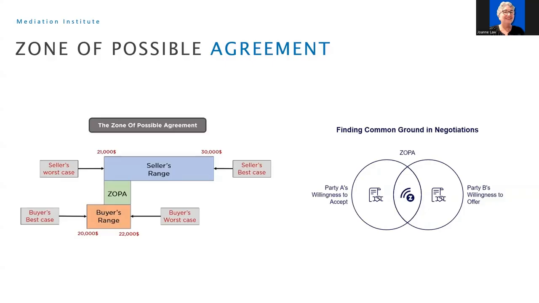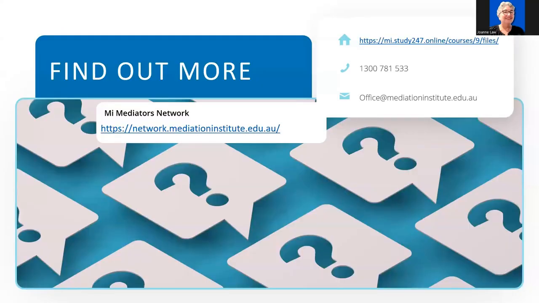So understanding the interests rather than just looking at that position as if it's unchangeable can really make a difference to the types of outcomes that can be achieved. Anyway, those are some of the options. I hope you found that useful.